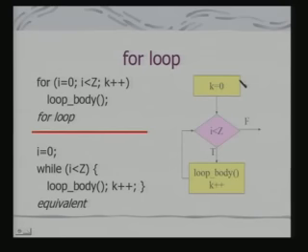This is an example of a for loop. So, I can represent a for loop or a while loop, they are equivalently represented, and this will be their representation in a control data flow graph. So, here this is a simple single assignment statement which is a data flow node.